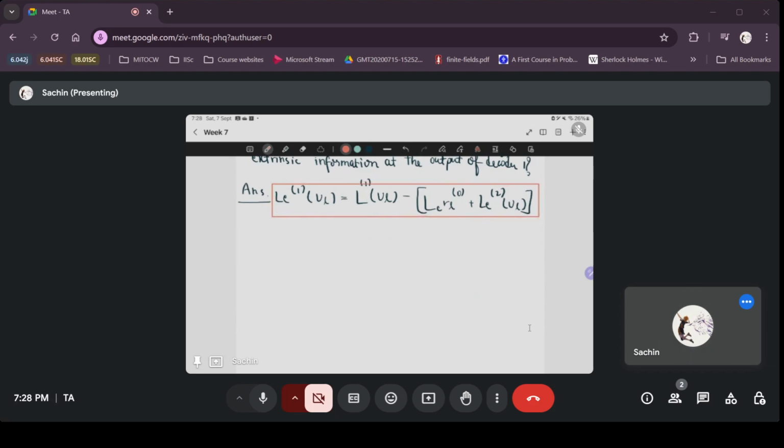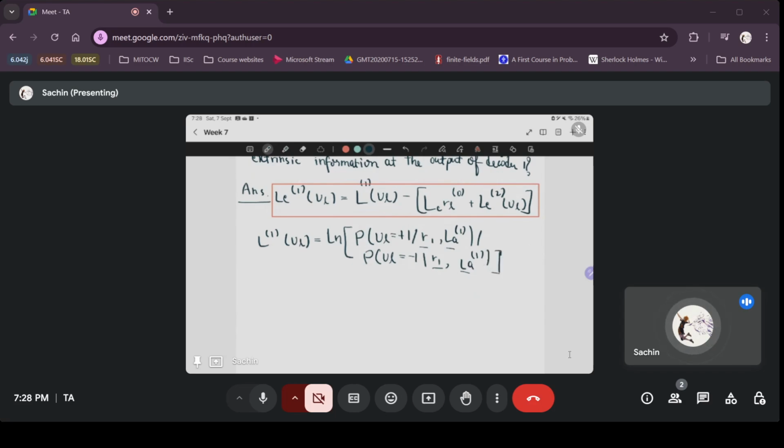But what does it mean? L1 of UL at the first decoder is the log likelihood ratio: log of the probability that UL is plus 1 given your received vector R1 and a priori probability LA of 1, divided by the probability UL is minus 1 given the received vector R1 and a priori probability LA of 1.